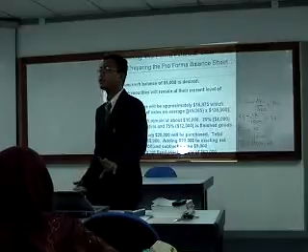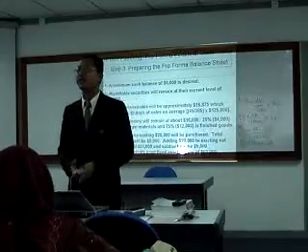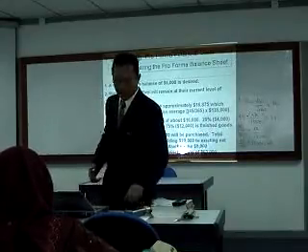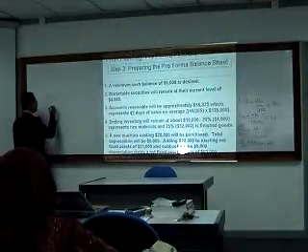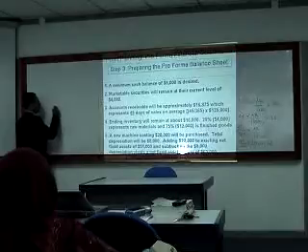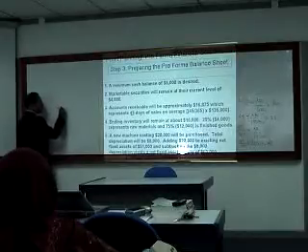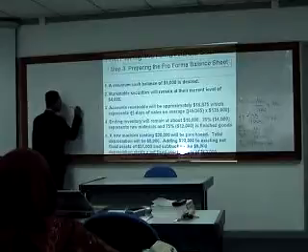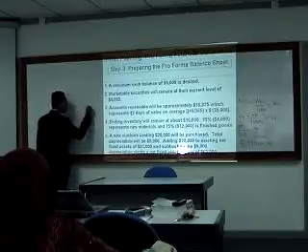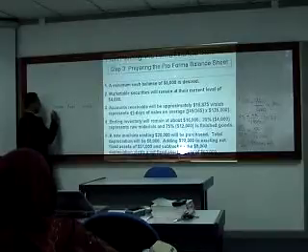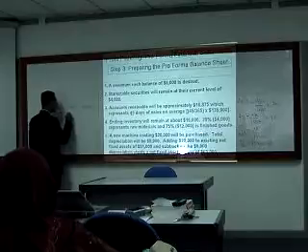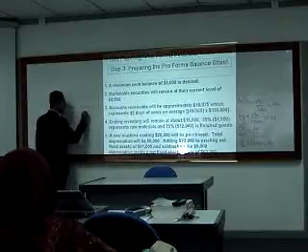Okay, any question on the fixed asset? Any question? Now I'll show you how to get it. Our beginning asset is 51,000, right? Then we add the additional asset acquired, 20,000.